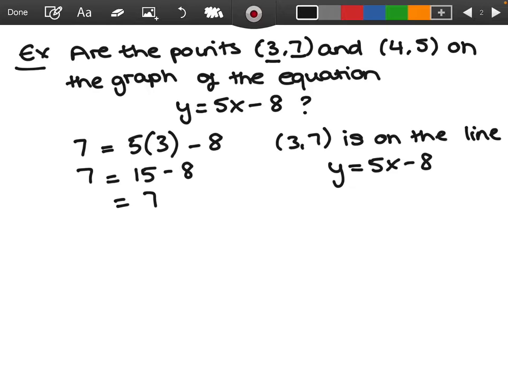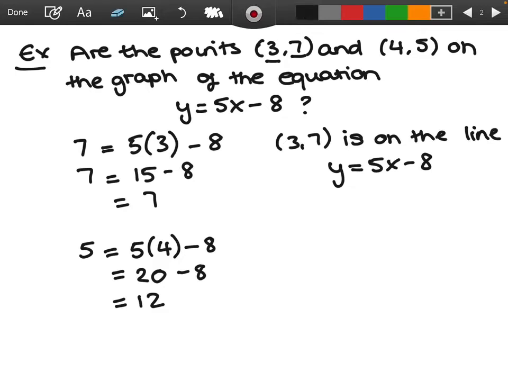How about the point 4, 5? We're now going to plug in x is equal to 4, y is equal to 5. So if I plug in x is equal to 4 and y is equal to 5, my left-hand side would be 5, and my right-hand side would be 5 times 4 minus 8. So my left-hand side is still 5, my right-hand side is 5 times 4 is 20, minus 8, which gives me 12. Well, 5 doesn't equal 12.